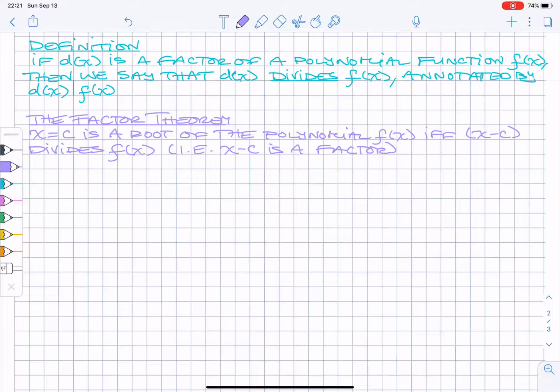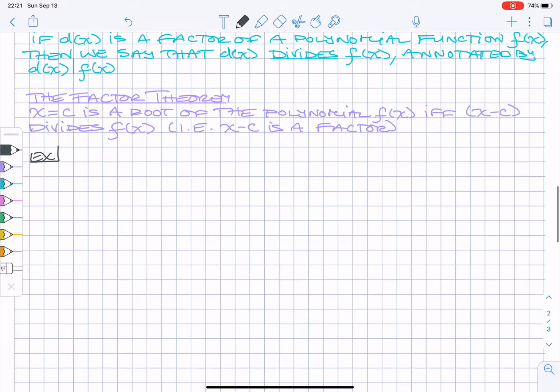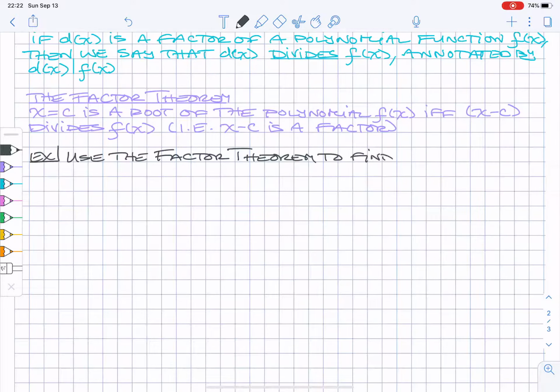Okay, so for example, use the factor theorem to find all zeros slash roots, same difference, given one factor.